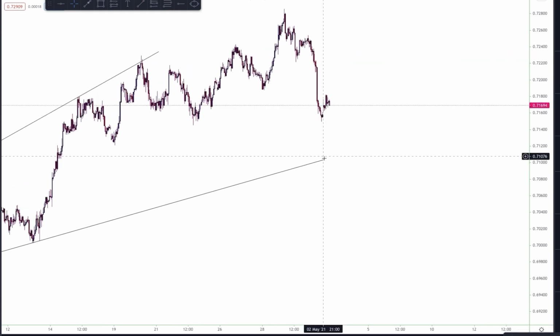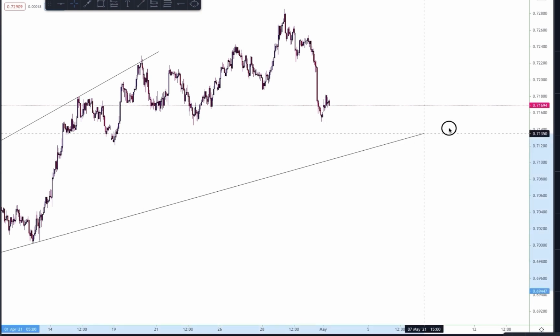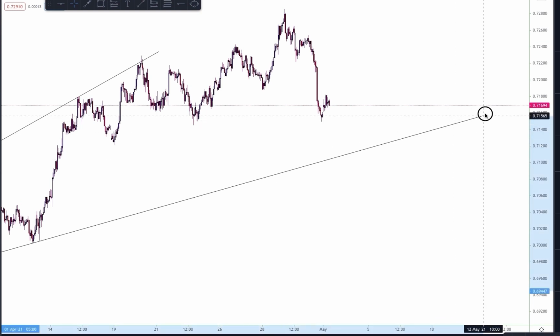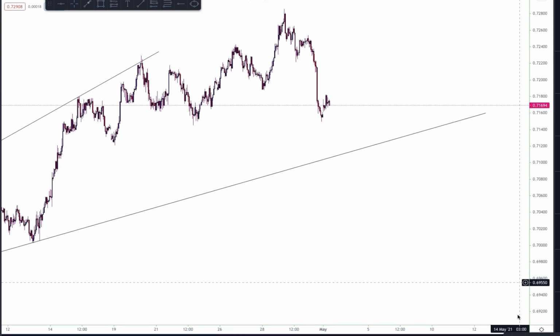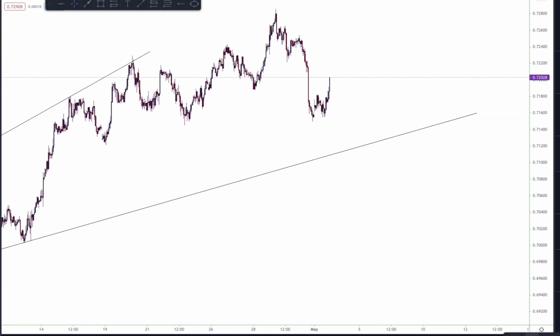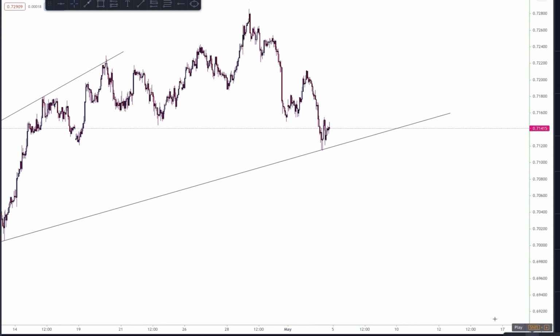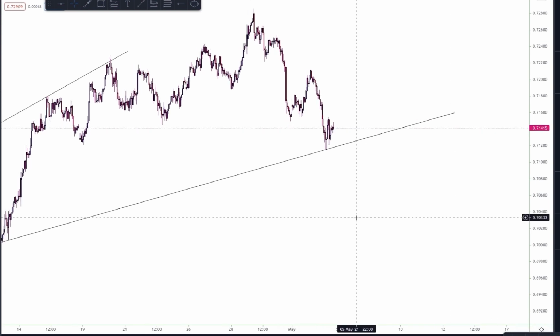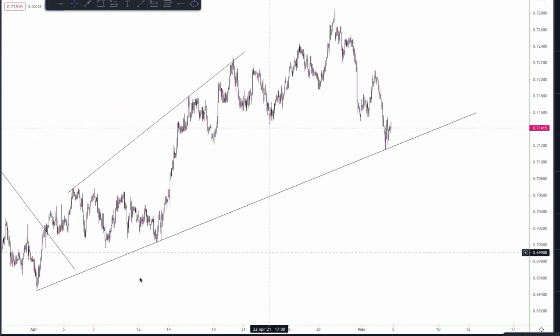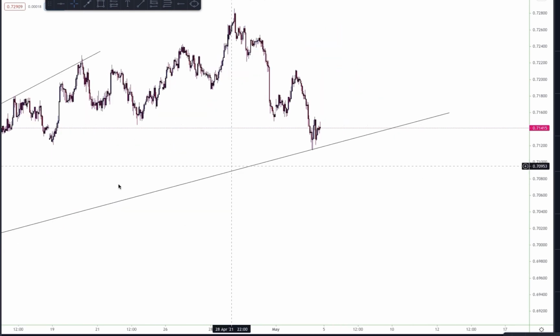So market is coming closer. Let me extend it. I think market is there. So this is a perfect one. So you see, trend line. Now all you need, because the market is an uptrend, you can confidently take this trade opportunity.